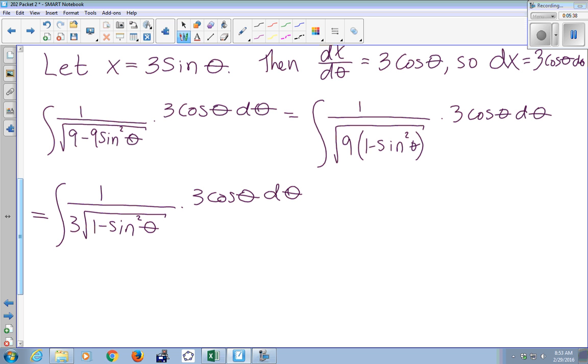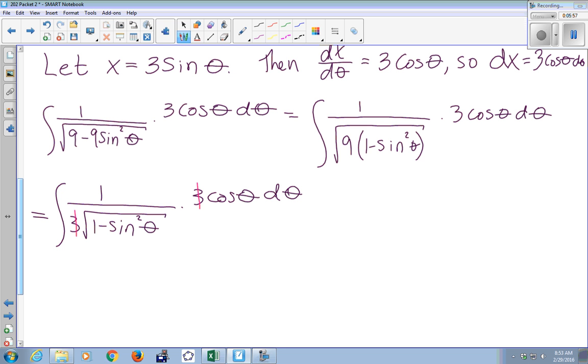All right, so I already have one really nice cancellation. My 3 is canceling here. Got one up top, one on the bottom, they cancel. Think back to your pre-calc course. What's 1 minus sine squared equal?